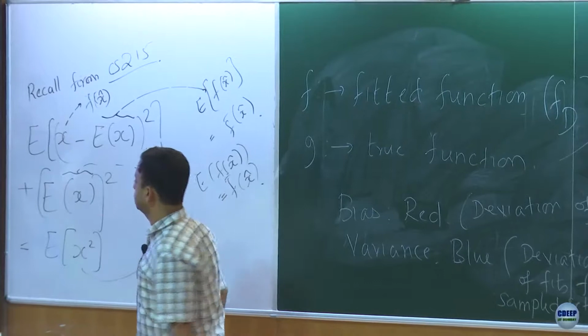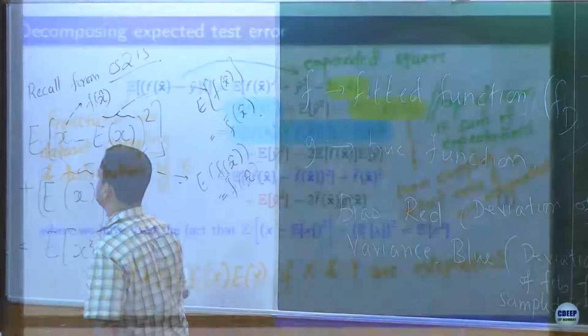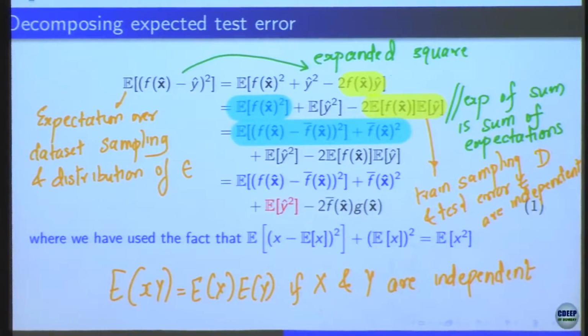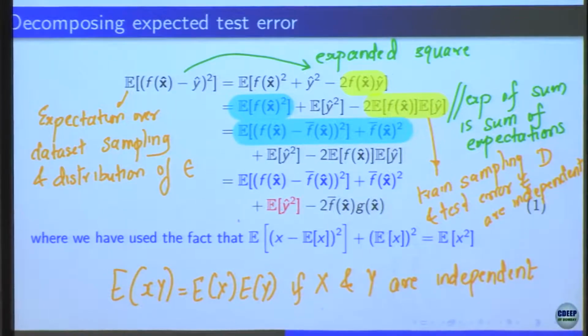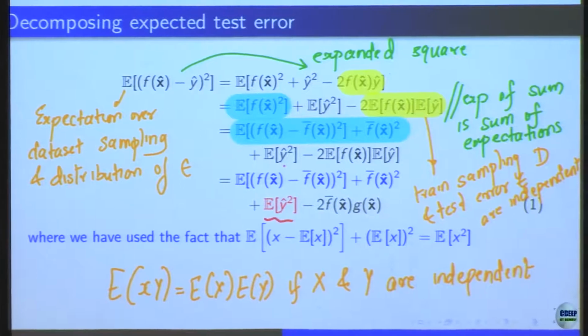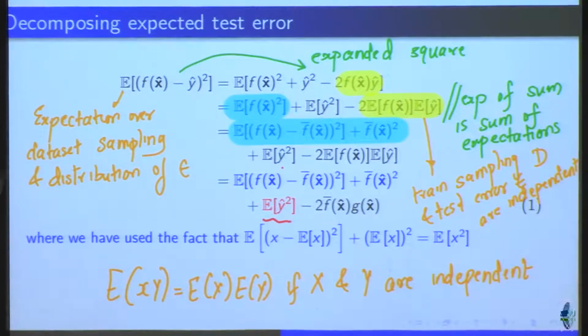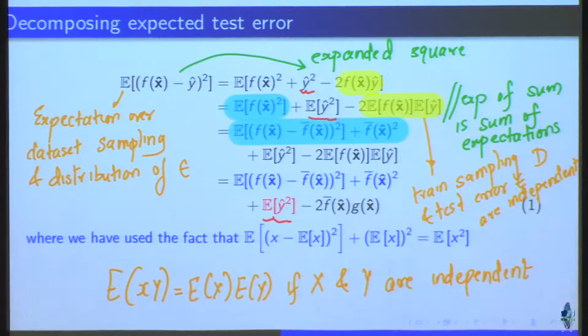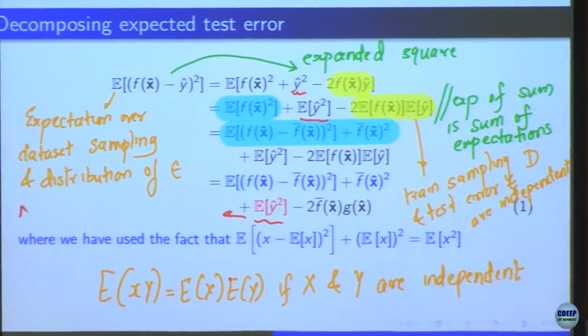Following that step I am now leaving some work for the next slide which is marked in red. All I am saying is E of y hat square remains here, this whole thing just remains around till the last step. In the next slide what I am going to do is apply the same identity to E of y hat square.